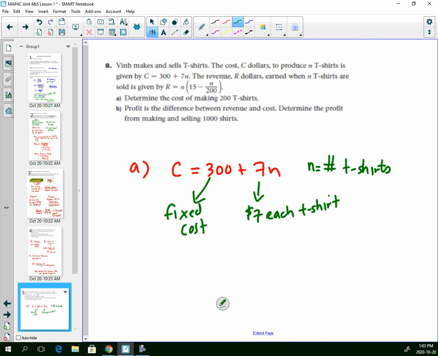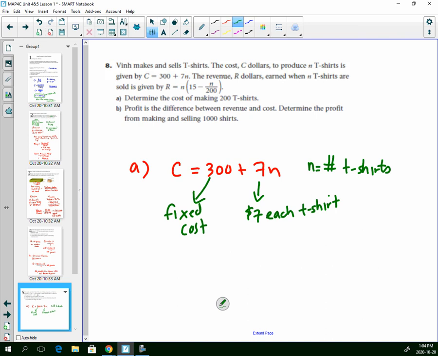Right, so that might mean rental of equipment or rental of a building where I'm making the shirts, or maybe things like salaries and things like that. So something that's the same every, I don't know if it's month, okay? And then 7 is the variable cost, where things like materials for the shirt, so $7 for each t-shirt I make.